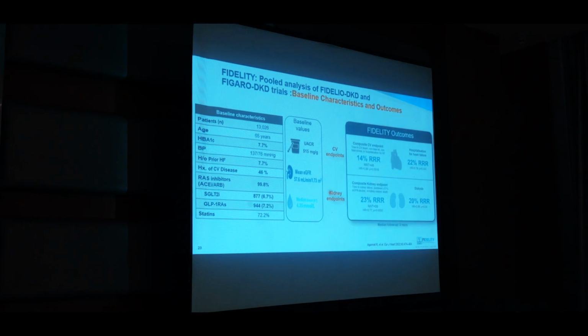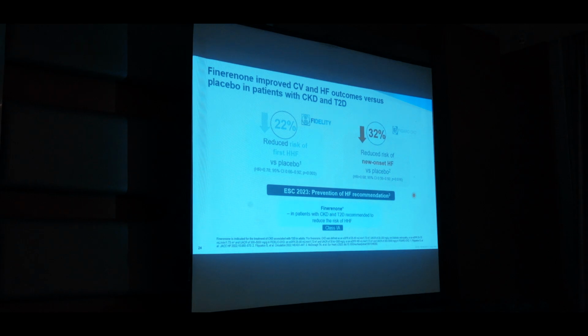There were good outcomes with the FIDELITY trials: composite CV outcomes were reduced by 14% relative risk, hospitalization for heart failure was reduced, the composite kidney endpoint improved, and there was a reduction in patients going for dialysis. Then they also assessed heart failure.